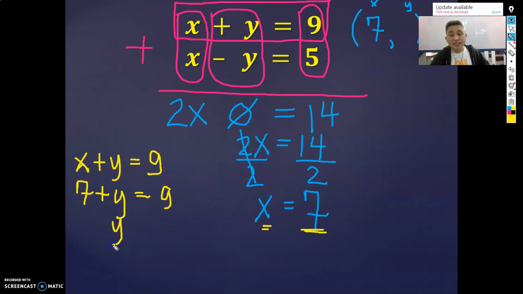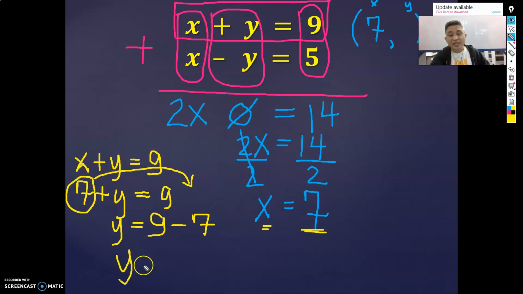Since we cannot combine the 7 with y, we move the 7 to the other side. Once you move a number across the equal sign, if it is positive here, it becomes negative there. If it is negative, the sign flips and becomes positive. In this case, it is positive, so the 7 becomes negative 7. So, y equals 9 minus 7, which is 2. The value of y is 2.